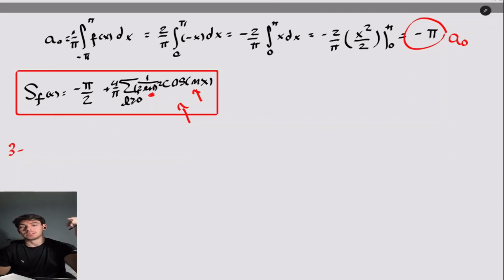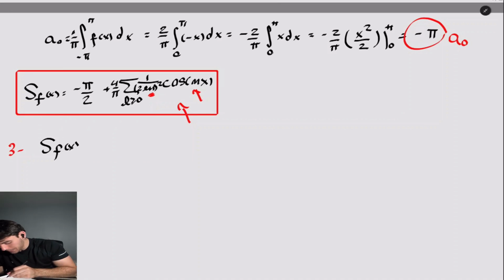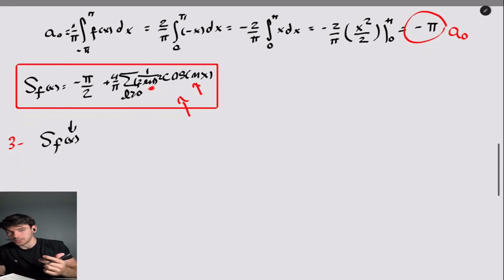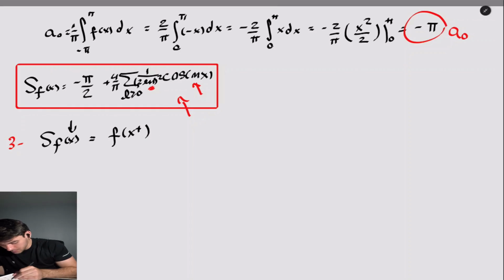We're going to use the Dirichlet theorem. By using the Dirichlet theorem, we're just picking a value of x, and we're going to use this equation. So Sf of x, here we are going to insert the value of x that we need to choose, and that's equal to the value of the function coming from the right plus the value of the function on that point coming from the left, divided by 2.